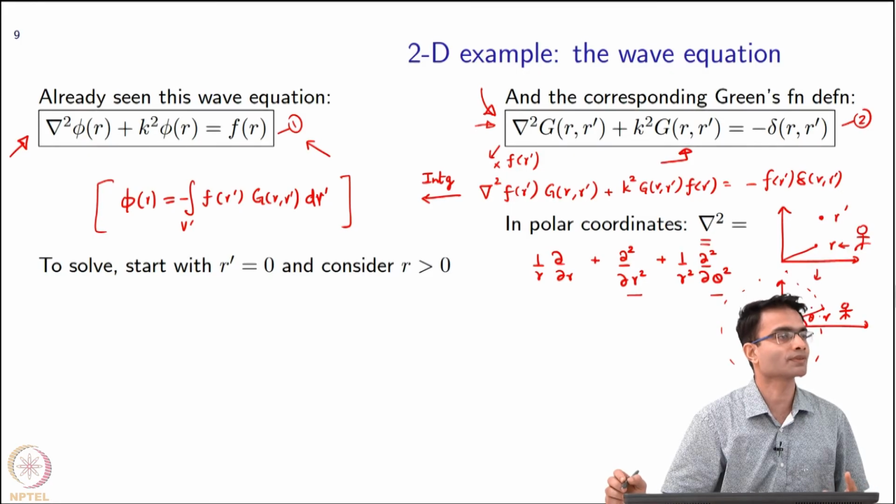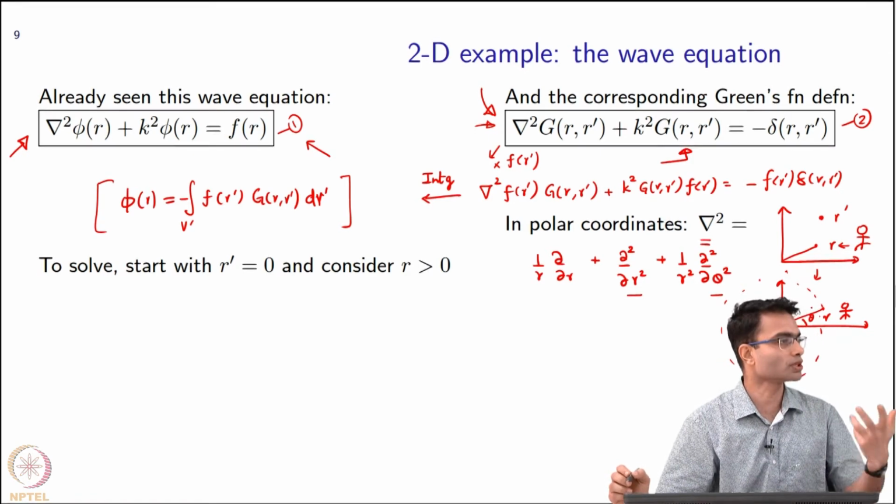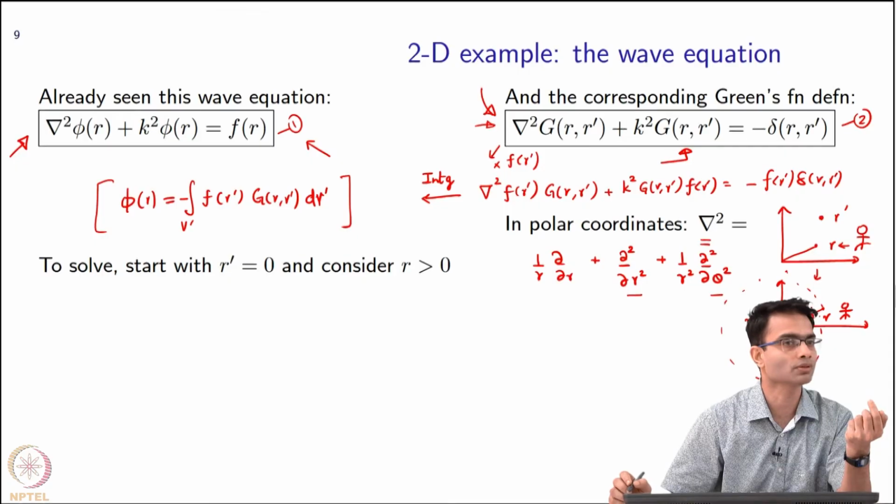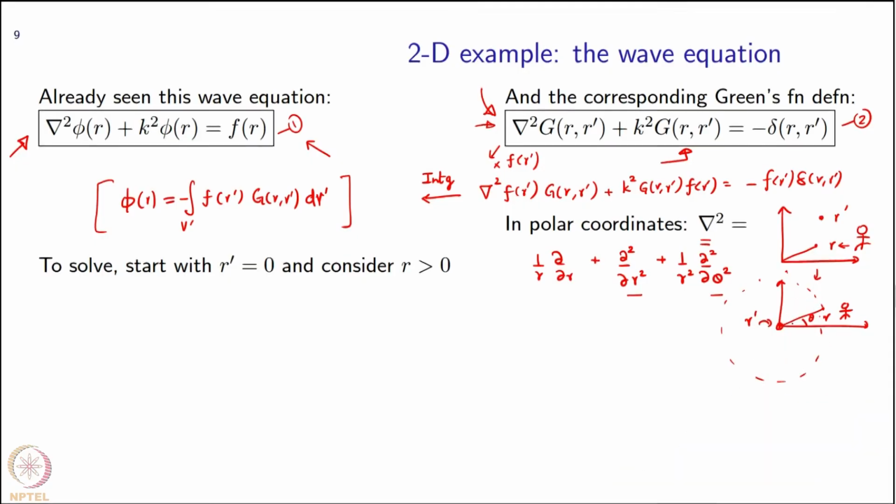But has the physics of the problem changed? Not at all. I am just choosing the location of my coordinate system. The origin of my coordinate system is being chosen a little bit cleverly. Once I get the solution to this problem, all I have to do is a shift of origin and I get my general solution.